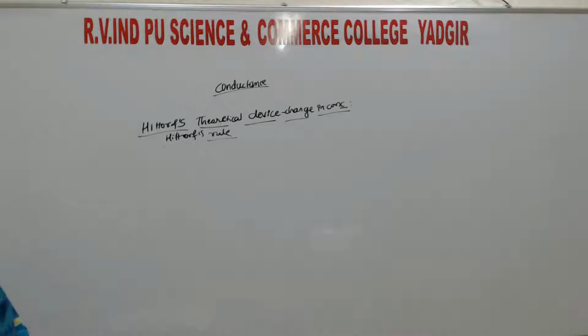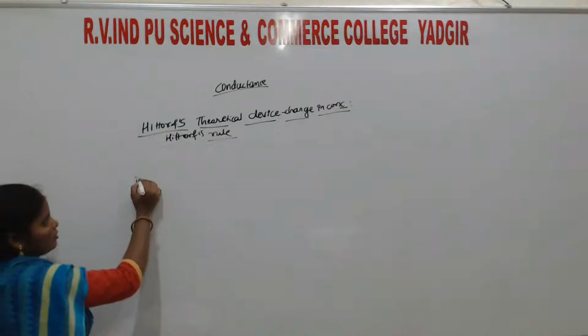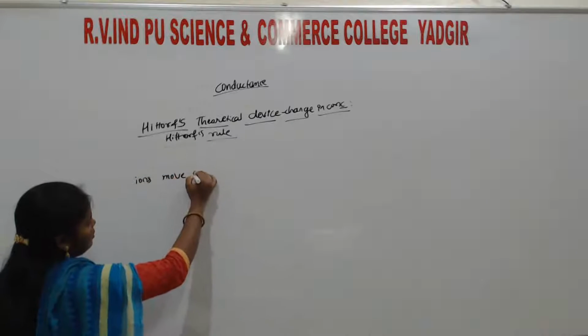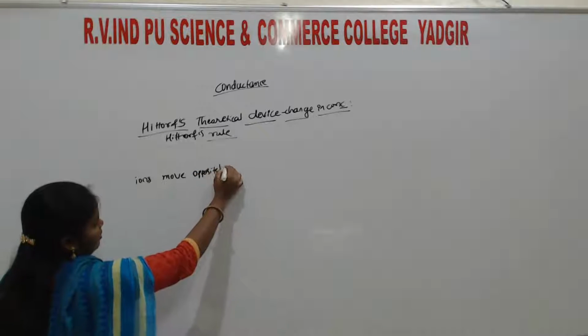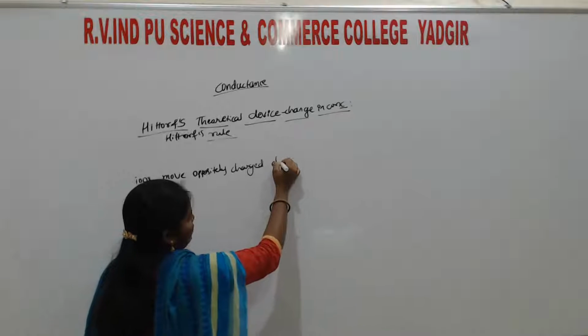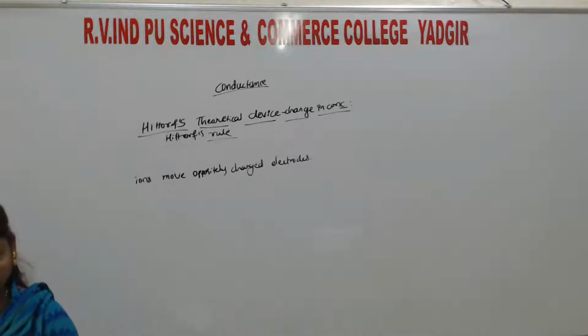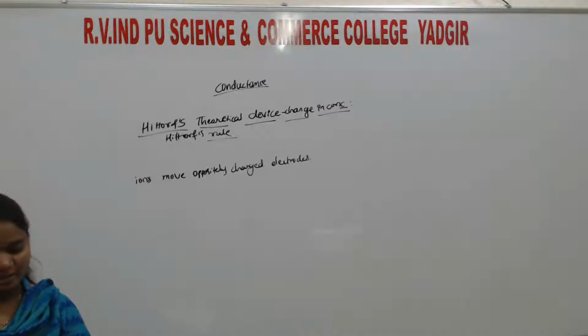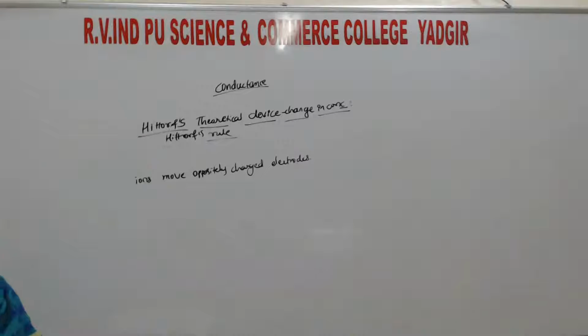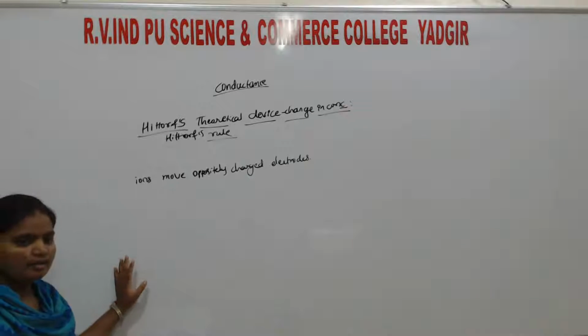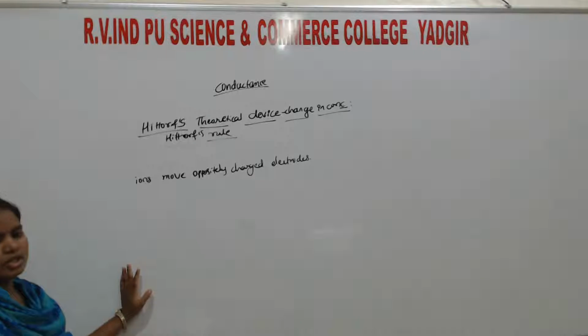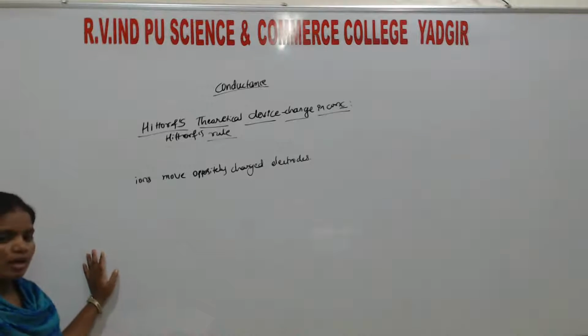Here you take a cell containing a solution, provided with a cathode and anode.